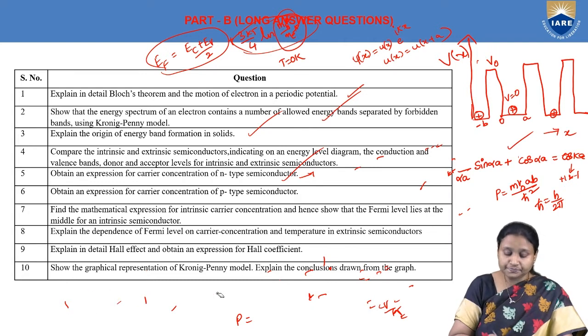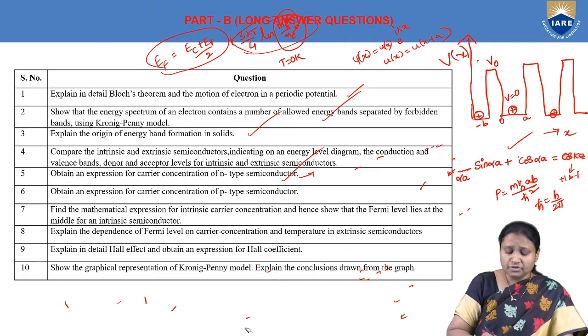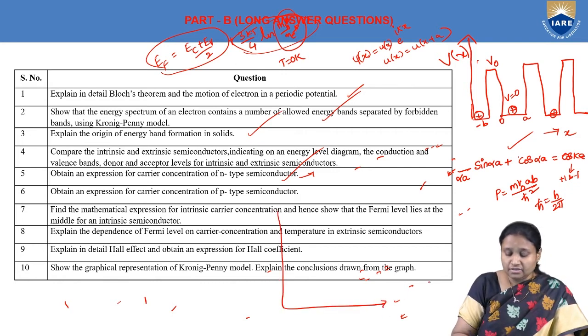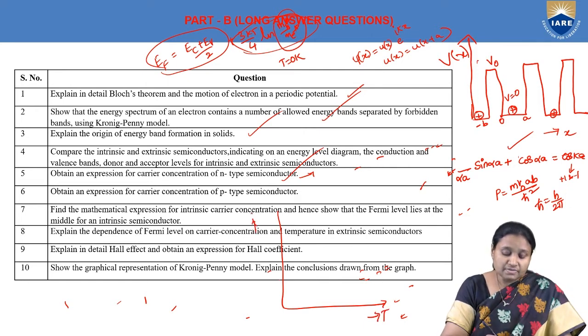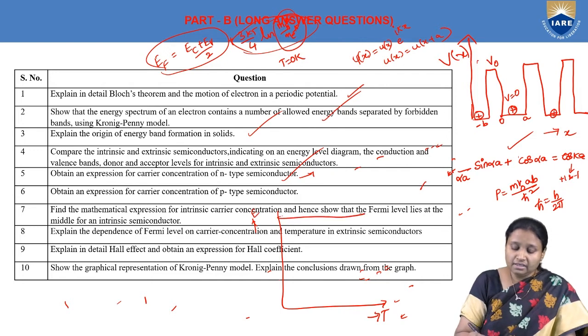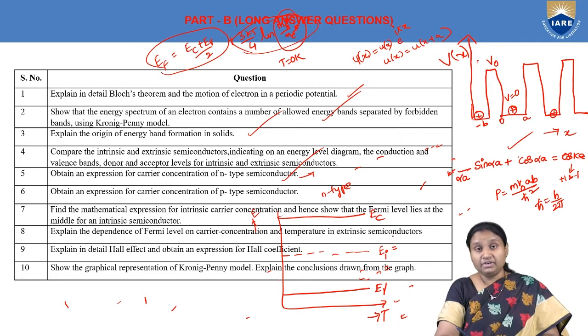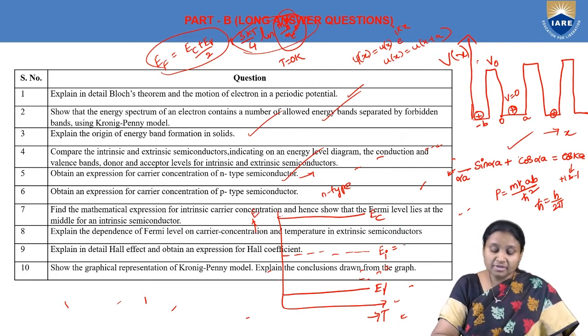So in this case, if we are talking about n-type semiconductors, then on the x-axis we'll take temperature, on the y-axis we'll take energy level, and we know that in n-type semiconductor we have conduction band and then valence band, and this one is the intrinsic Fermi energy level, which is in the middle of conduction band and valence band.